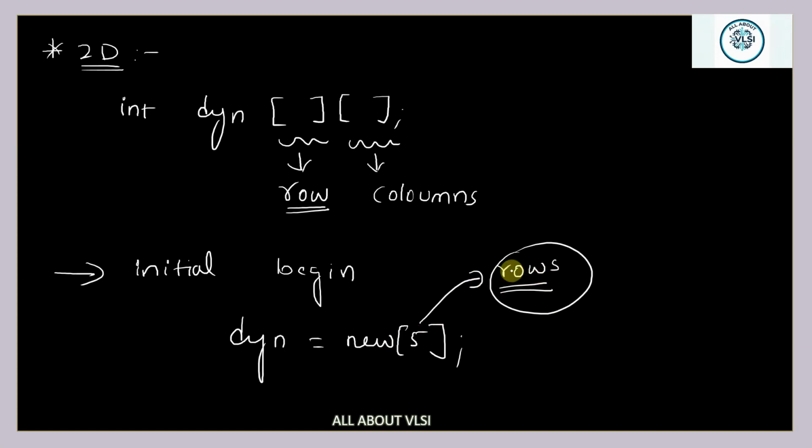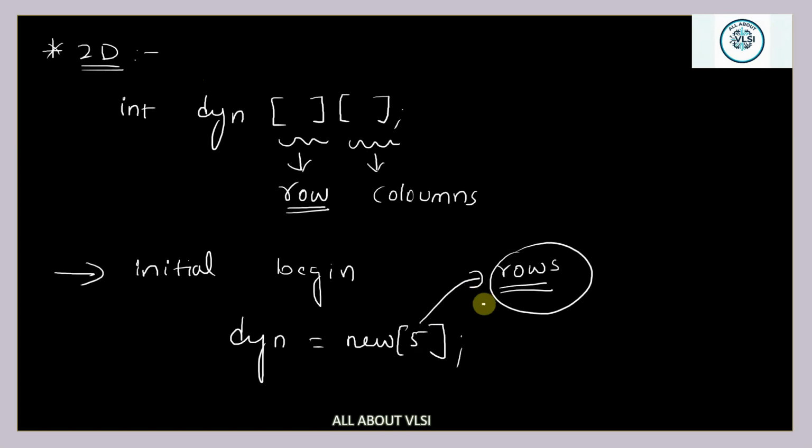Now, after creating the memory for your rows, if you want to create the columns, then for every row, we are going to create the column memory. How to create it? You can use a foreach loop for that. So using a foreach loop, for each dyn of I, for every row, for I is equal to 0, that is the first row, you are going to create the column memory.